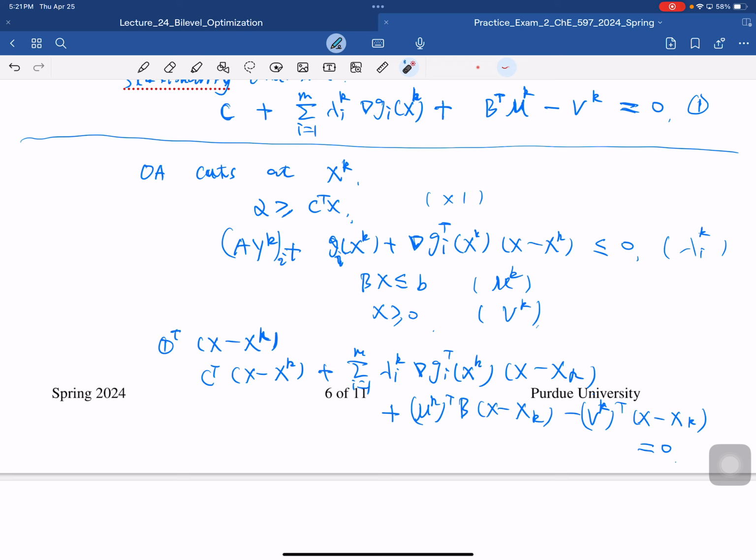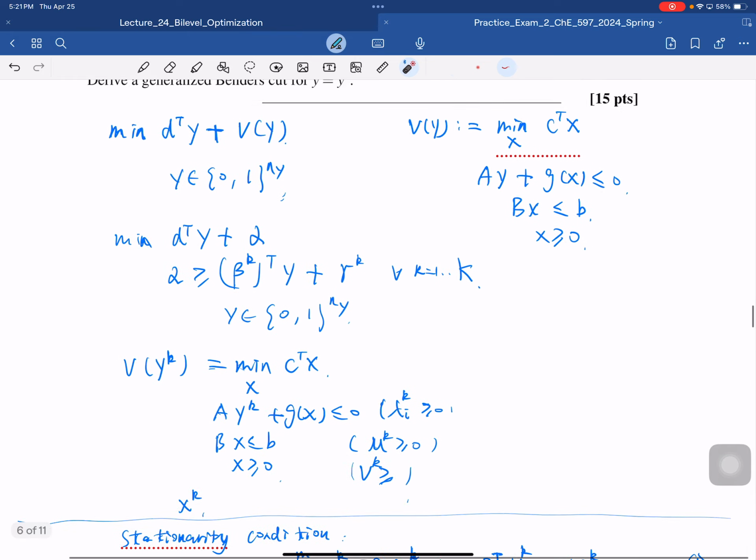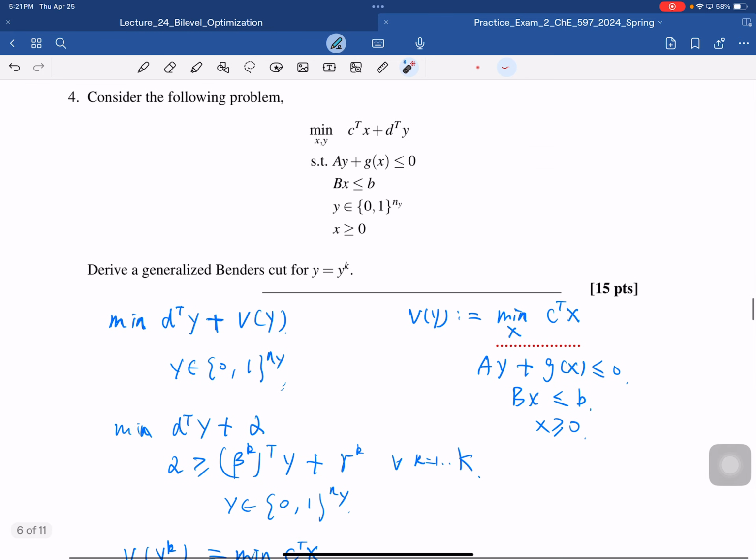Yes? In the lecture, you applied the OA cuts to the MILP, right? You had OA in x and y. But here we only have... The reason you don't outer approximate y here is because all the terms related to y are linear.